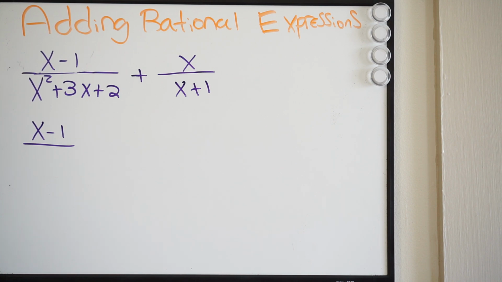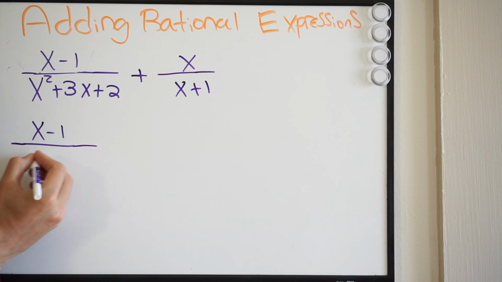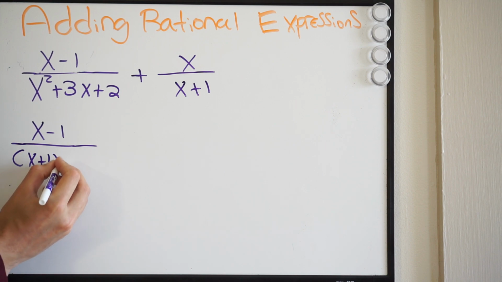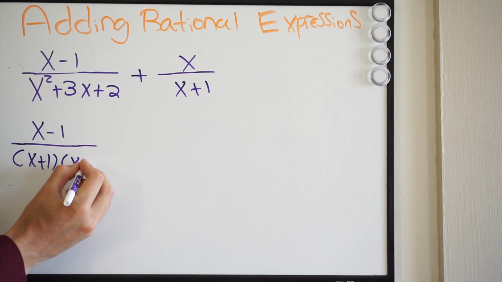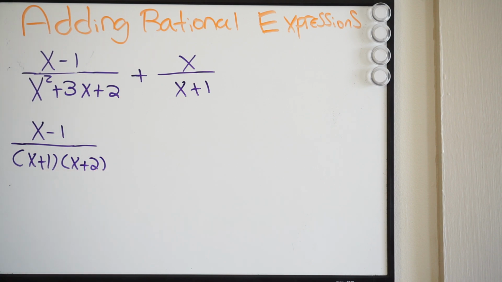Maybe you've gotten better at it and you can just see this. When we factor this, we're simply going to have x plus 1 and x plus 2. Again, you can use the AC method to do this, and if you need a refresher, go back and look at those videos. But this is what it's going to look like put into its factored form.